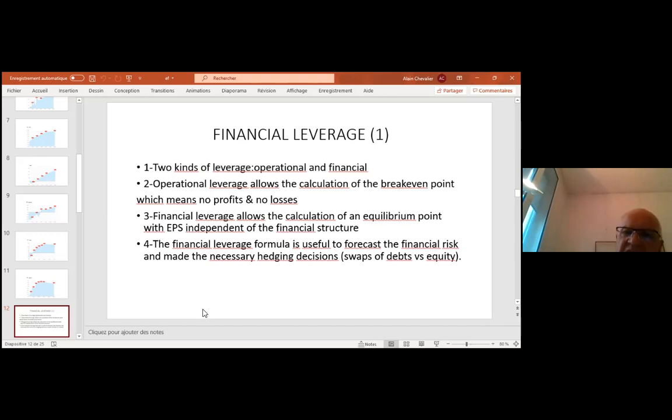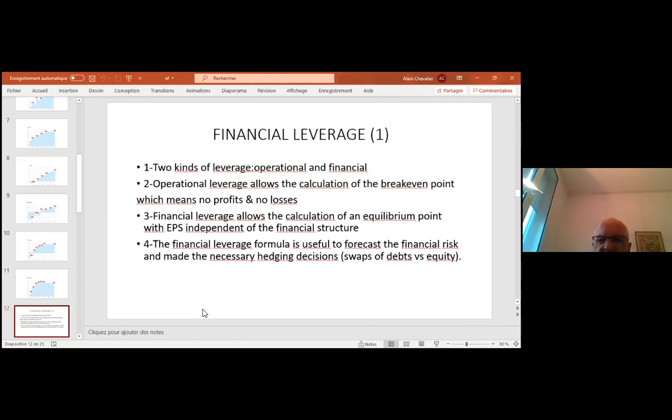The problem is to calculate if at that level you have an equilibrium between the revenues and the costs. That's the problem of break-even analysis. And operational leverage deals with this part of the income statement with an analysis of the fixed costs and the variable costs.